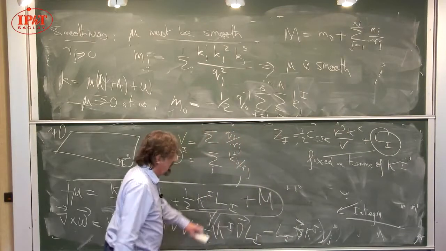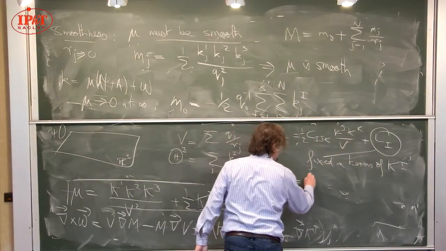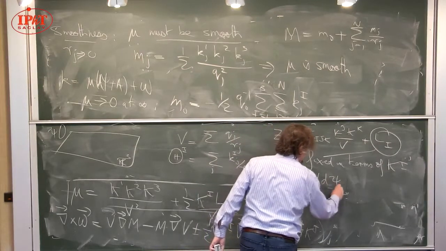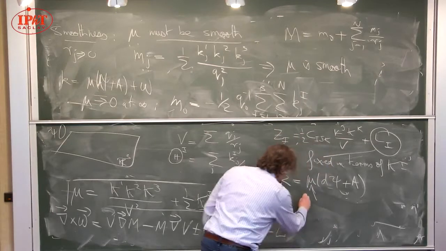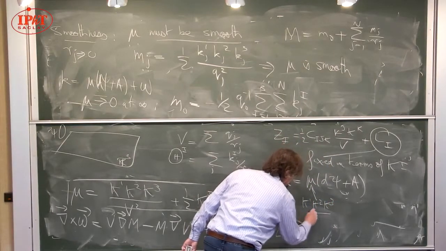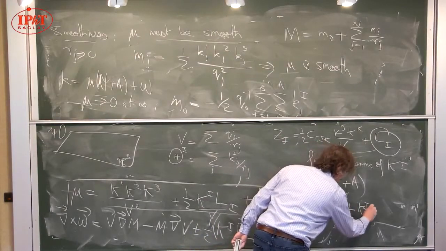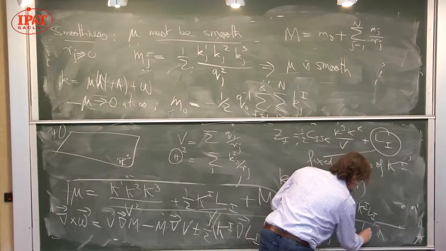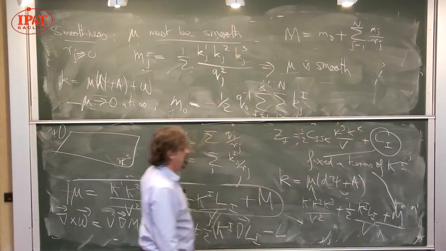And then the last part we worked out was the last part of the metric, the angular momentum vector, mu d psi plus a. And this was given by k1 k2 k3 over v squared plus a half ki li over v plus m. And this was also fixed in terms of the k's.